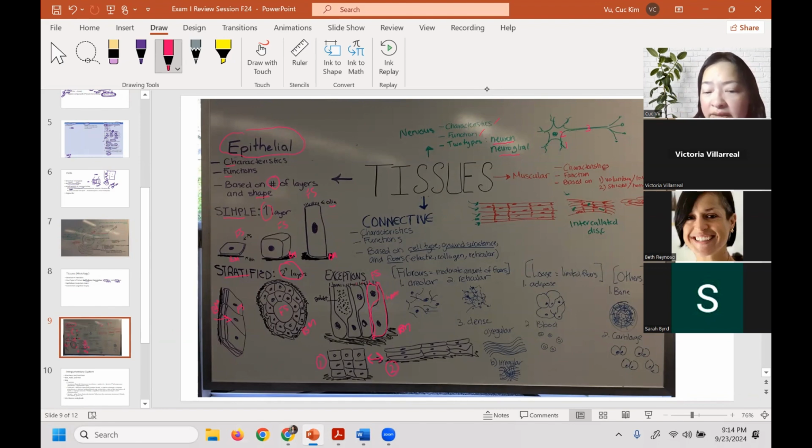But you don't need to know it at this point until we get to the respiratory system. And that's when we actually tell you, you have to know what lines these tissues. So we'll start to let you know what things are what, but you don't need to know for this exam at this unit yet. You will eventually, but not at this unit.